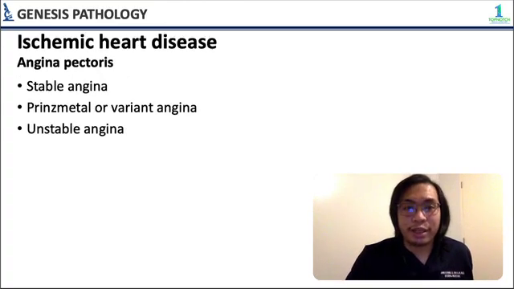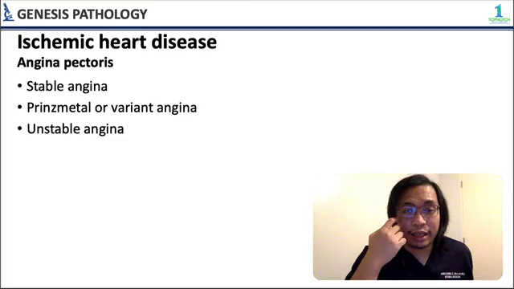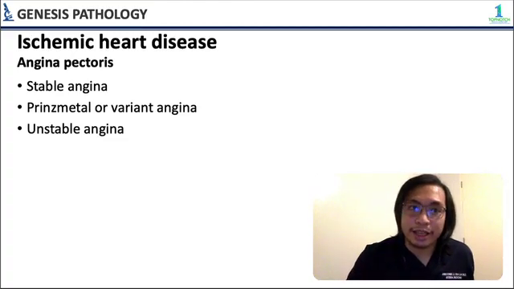Okay? So in angina pectoris, pwedeng stable angina, Prinzmetal angina, or variant angina, or unstable angina. Usually, when we say stable angina, that's actually the spectrum of your chronic coronary syndrome. Otherwise known as your chronic stable angina pectoris, no? Pero mas bagong term natin is your chronic coronary syndrome.